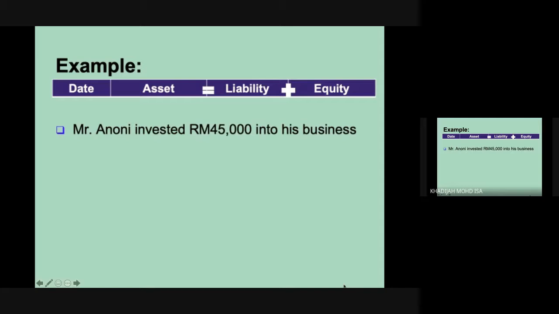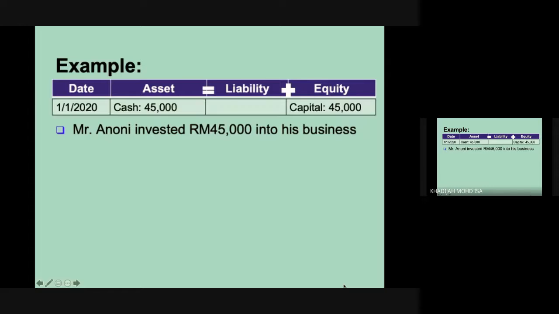So you have 45,000 put into the business, in the form of cash. All right, Anoni invested 45,000 cash into the business. So now the company has a cash of 45,000. Whatever is invested by the owner is called capital, and that is a form of equity. So you have 45,000 on the right side.